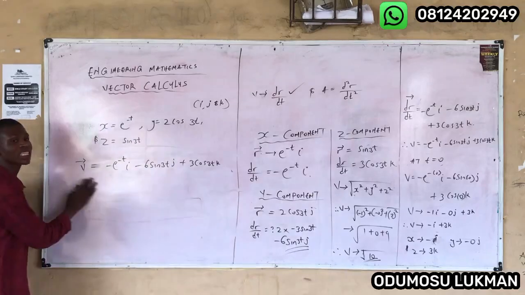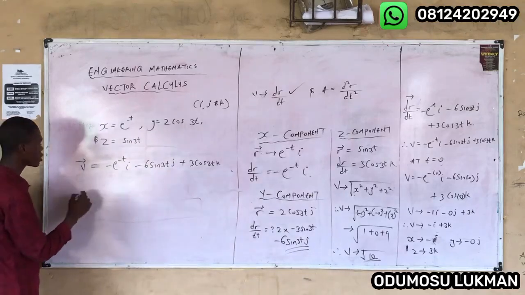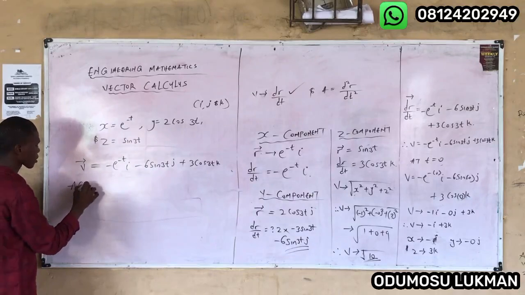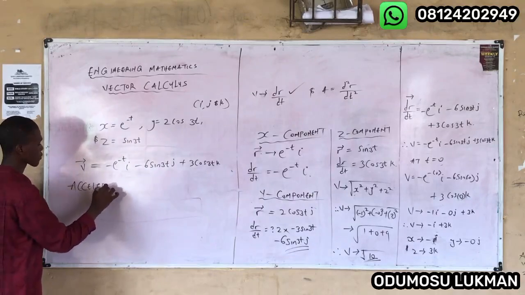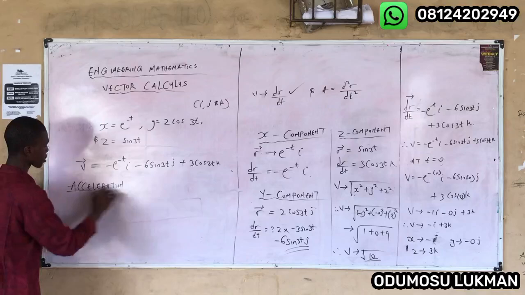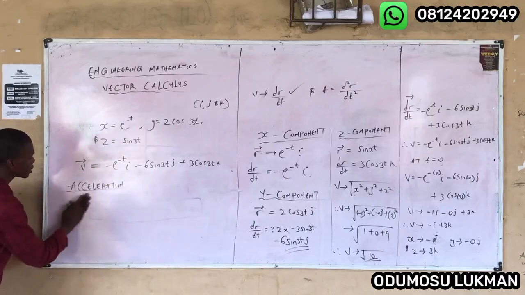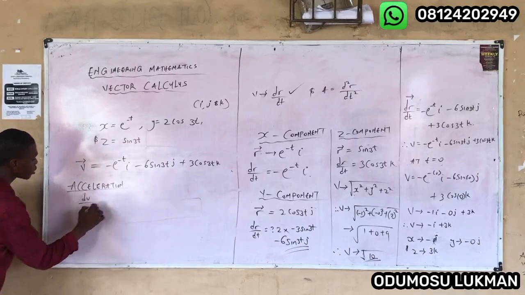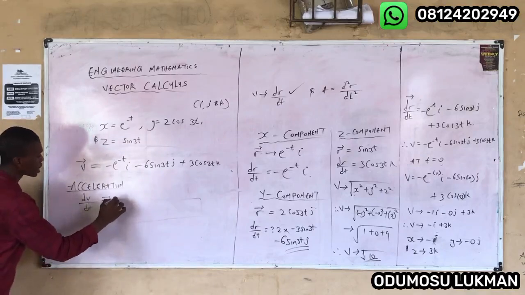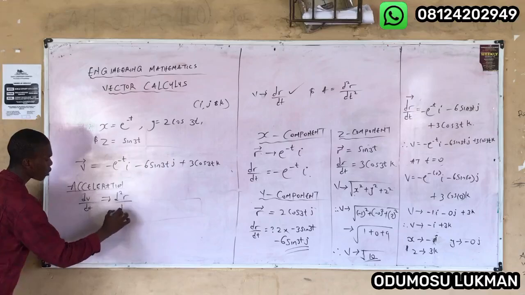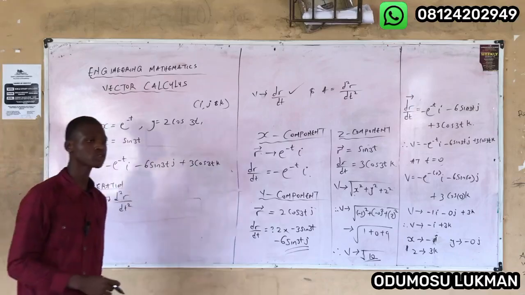From here, to get the acceleration, acceleration will be dv over dt, which implies d square r over dt square. Are we together?